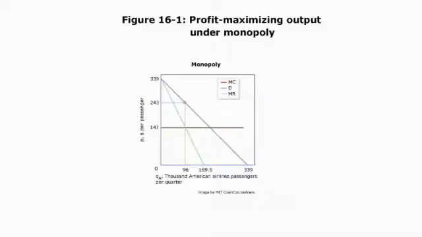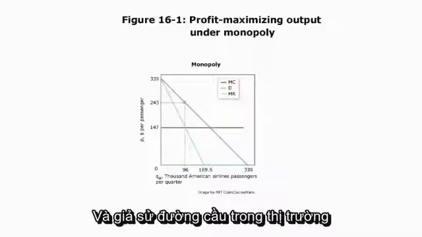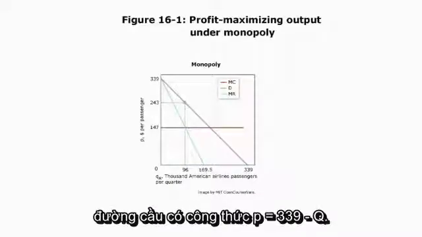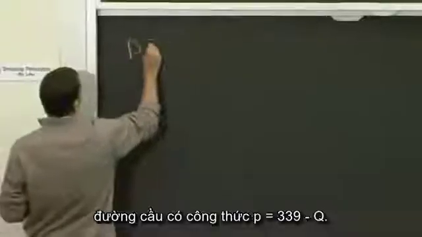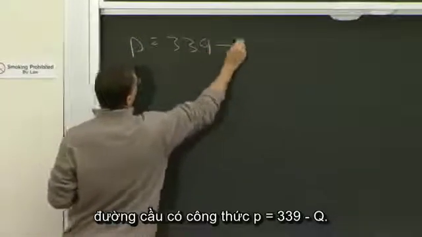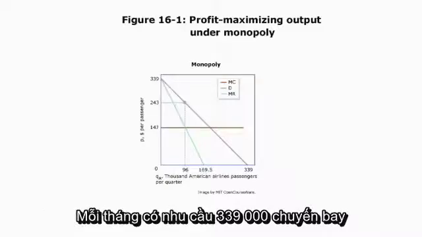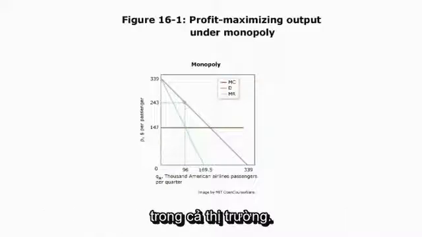Let's say that the demand curve in this market, in our example, is of the form P equals 339 minus Q. So there are 339,000 flights demanded each month in the whole market.